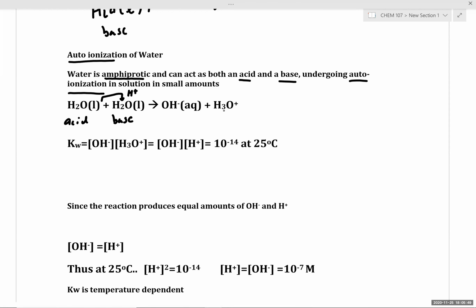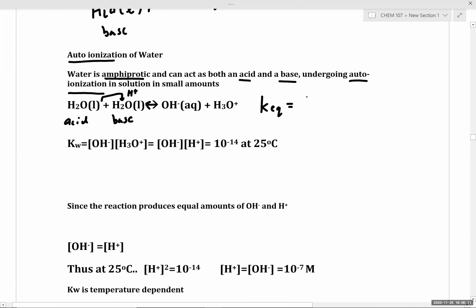Now, we can model and look at the concentration of ions, and we express this reversible reaction and the concentration of hydroxide and hydronium ions at equilibrium using the equilibrium constant.